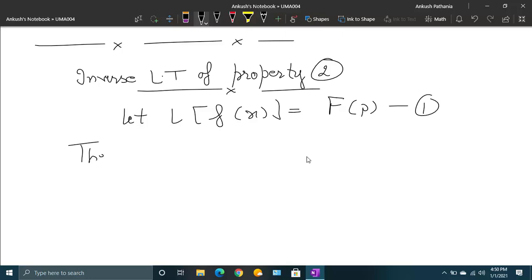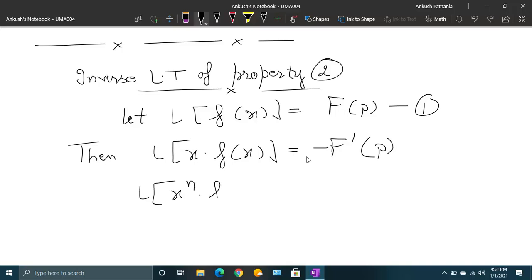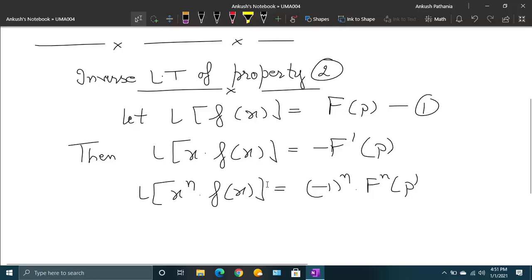Then by property 2, differentiation of Laplace, it is minus F dash p. In general it was (minus 1) raised to power n times the nth derivative of F(p). So this is the formula for the second property, differentiation of Laplace transform, that we have done.